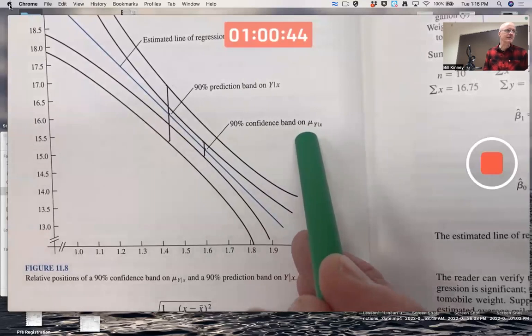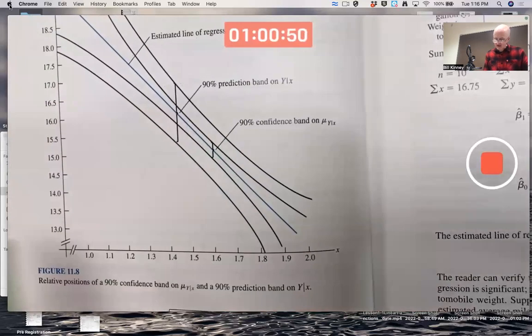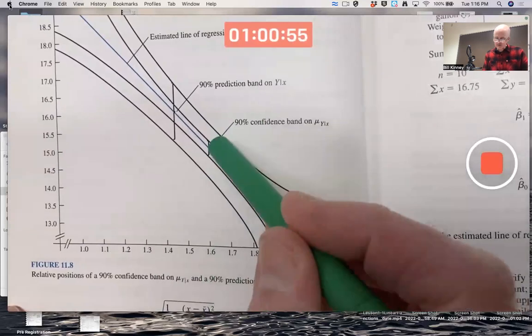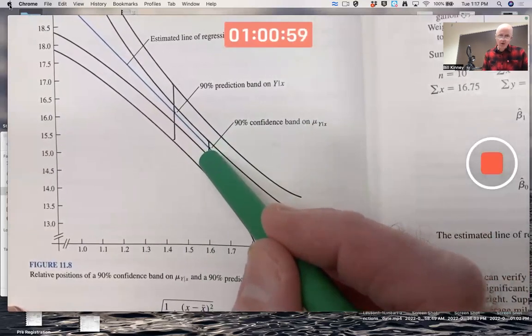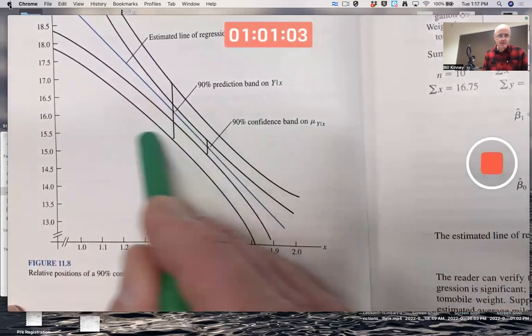Could have been interval instead of band. It's a vertical interval here. For that value of x that's close to 1.6, it's telling you that mu is likely between the second coordinate of the lower point and the second coordinate of the upper point, between about 15 and close to 15.5.